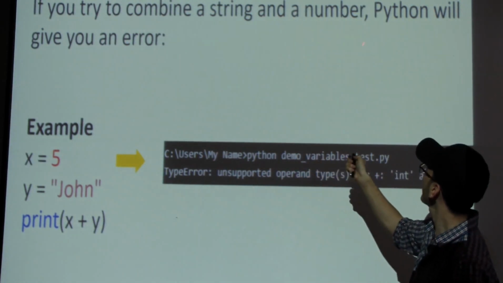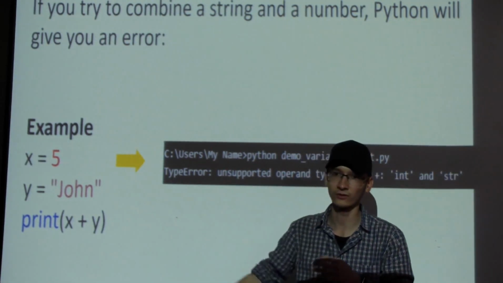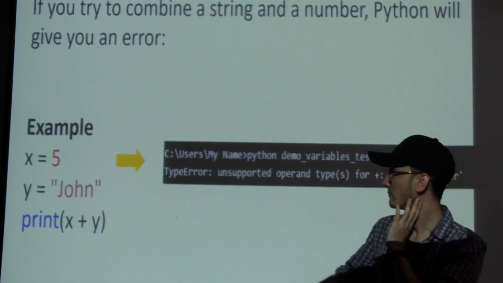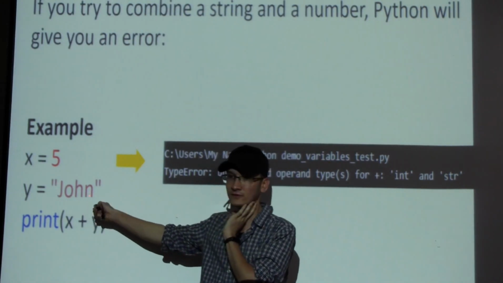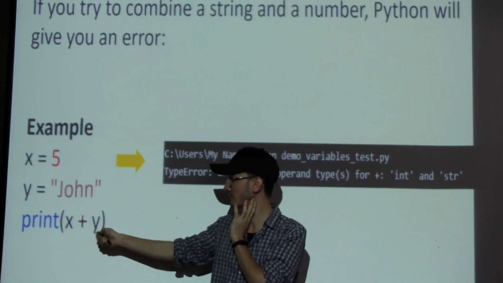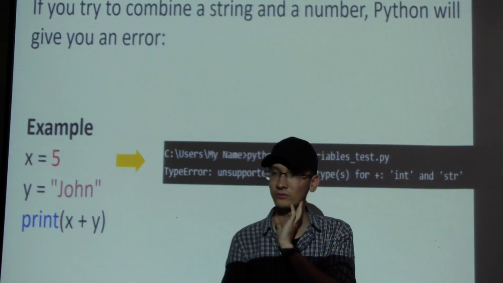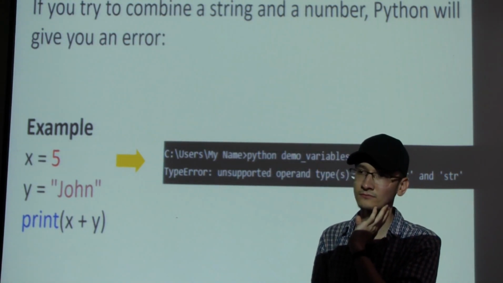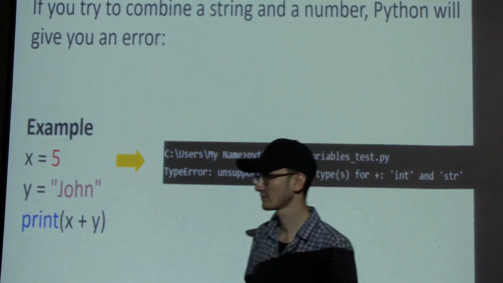We cannot add 5 to John. It is a mistake. This is a number, this is a string. So if we use numbers, then we need to use both of them as numbers. Otherwise, it will not recognize.